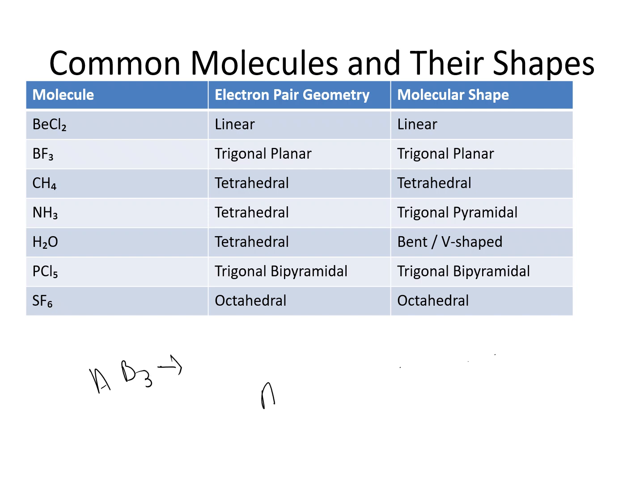How many valence electrons? 3. 1, 2, and 3. A, B, B, and B. So, what is the geometry of an AB3 type of molecule? The geometry of an AB3 type of molecule is trigonal planar.